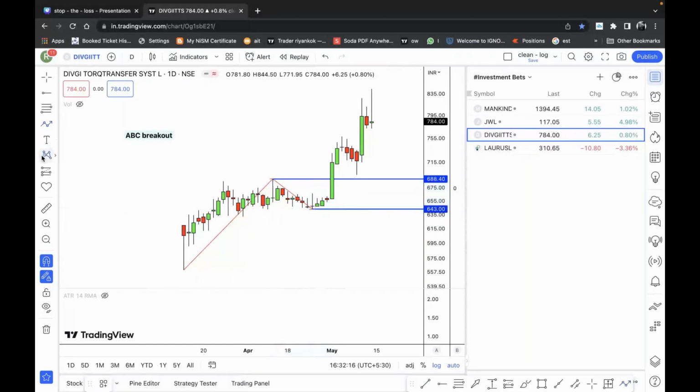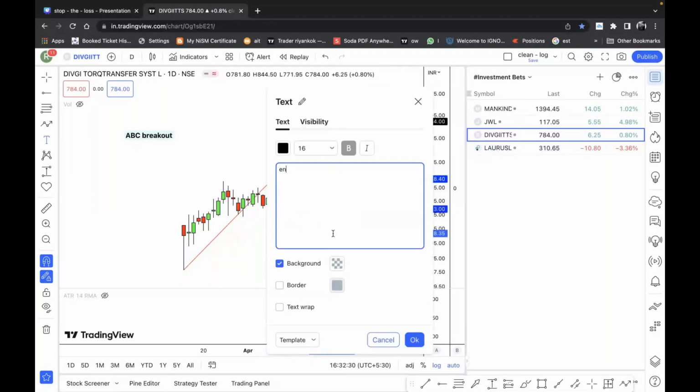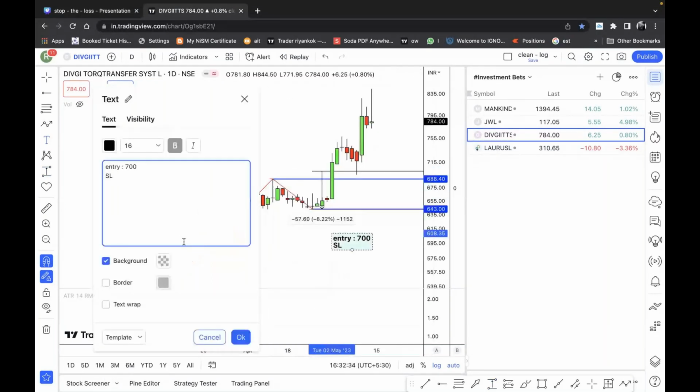So from the point of breakout, which is around 700 levels, my stop loss is 643, which is roughly 8% downside. So it is considered a valid stop loss right here. My entry is roughly 700 and my stop loss is 640 on daily closing basis. That's how you mark your stop loss on the daily charts, right?